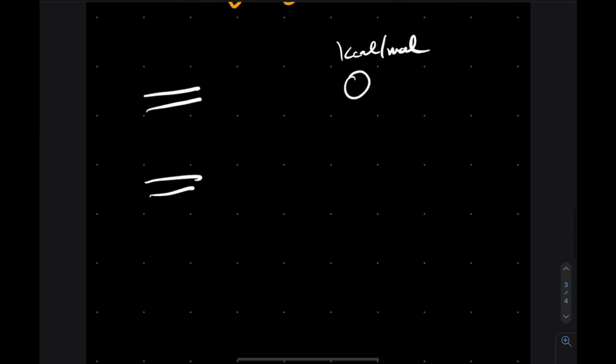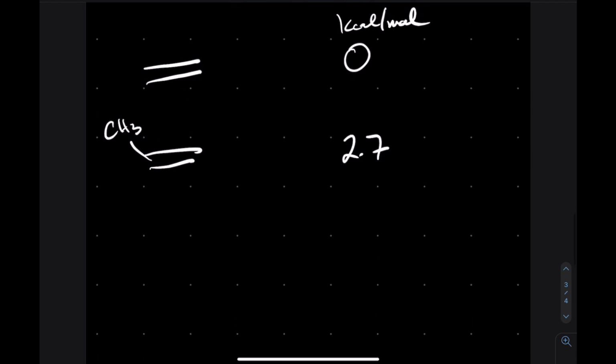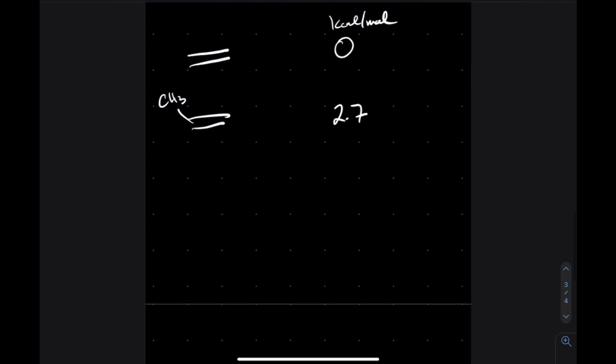So if you throw on a substituent here, that increases the stability by, what did I say, kcals per mole? So that's 2.7 additional kcals per mole, all right? If you throw on, and we're going to have to shrink this down because it's going to get a little big, if you throw on 2 substituents, of course, CH3, then you have geometric considerations, right? Trans and cis.